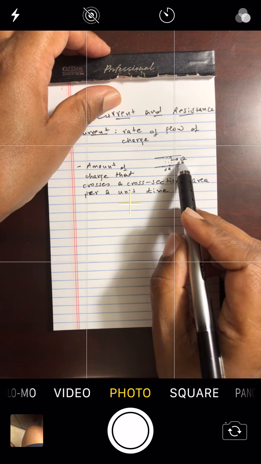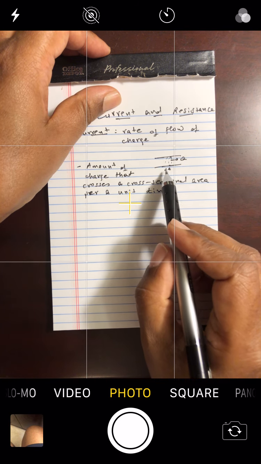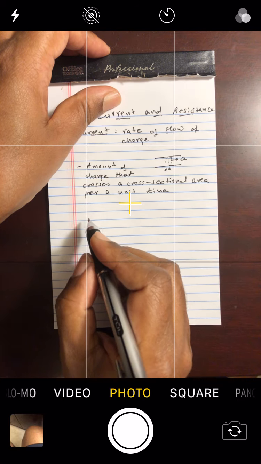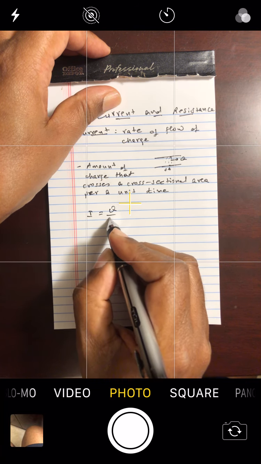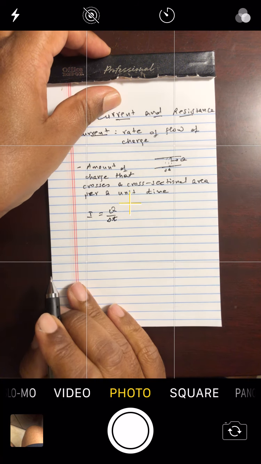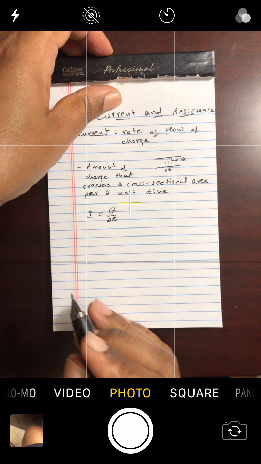So if a charge Q crosses this cross-sectional area in time interval delta t, we can define current to be the charge divided by delta t. That'll give us the average current.